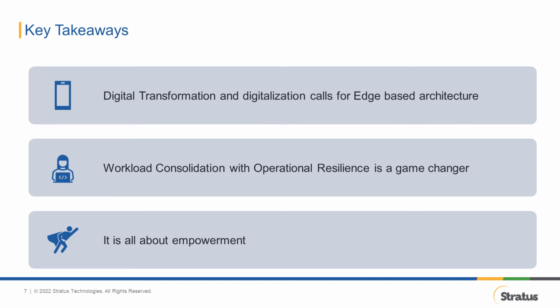What are my 3 key takeaways? Number 1, digital transformation and digitalization calls for edge-based architectures instead of the traditional automation and control configuration based on multiple computers and servers. Number 2, workload consolidation with operational resilience is a game changer.